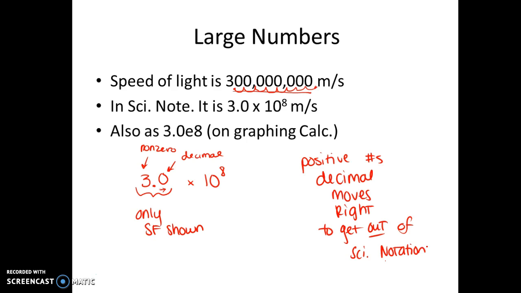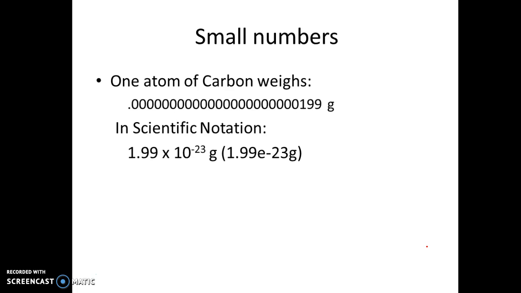So then, it's the opposite for smaller numbers. If we have one atom of carbon and it weighs 0.00000, all those zeros, it doesn't make sense for us to write that. So we are going to move that decimal over 1, 2, 3, 4, 5, 6, 7, 8, 9, 10, 11, all the way over 23 places.